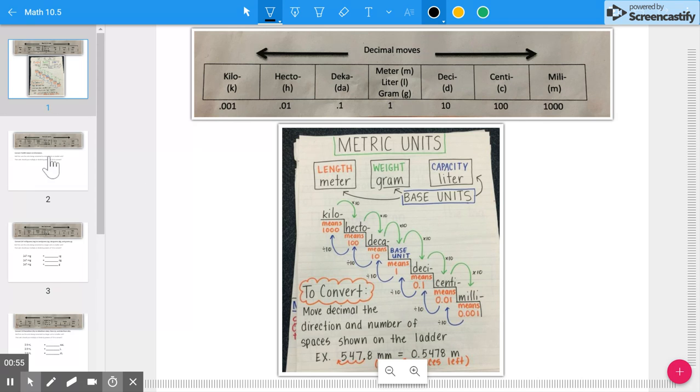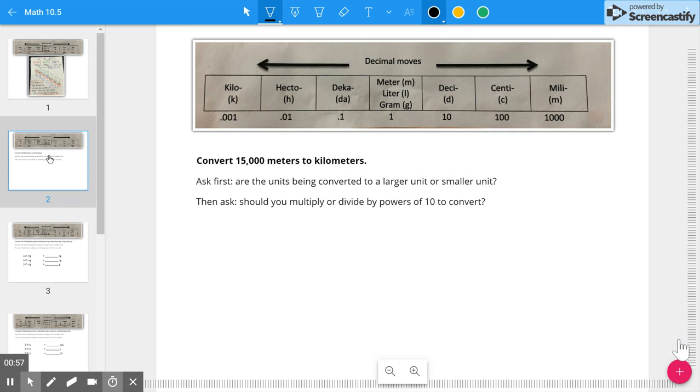So let's look at some problems here. My first problem says convert 15,000 meters to kilometers. So I want to first ask, like I did before, are the units being converted to a larger unit or a smaller unit? Is meters to kilometers big to small or small to big? Just like we did with customary units.